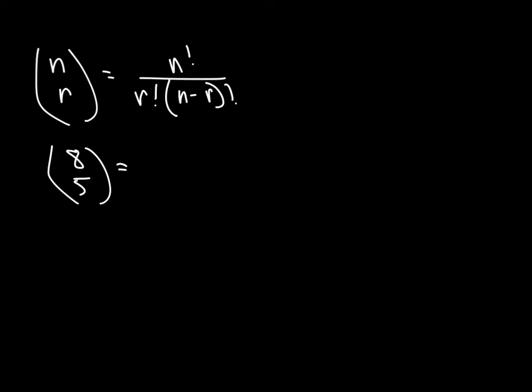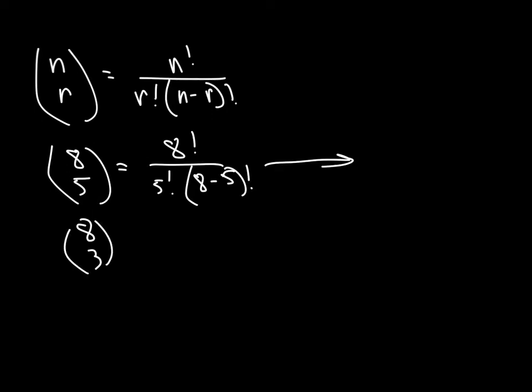What I'd like you to do with that 8, 5 is use this formula: 8, 5, 8 minus 5, and go ahead and solve that. Okay? And do the same with the 8, 3. And then 66, it gives you 10, 8 and 10, 2. And then 67, 20, 12 and 20, 8. And 68, 15, 10 and 15, 5.